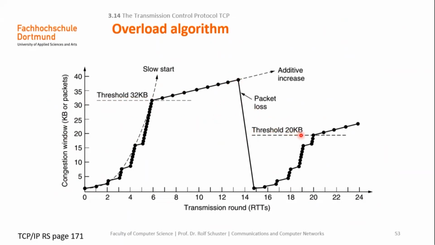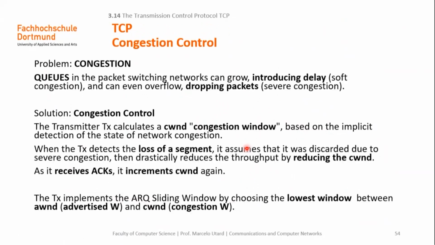Then we will see some particular details of this behavior. First we need to review some concepts. The problem is the congestion. That is, queues in packet switching networks can grow, introducing delay. When the network impairment is the delay, we talk about soft congestion.